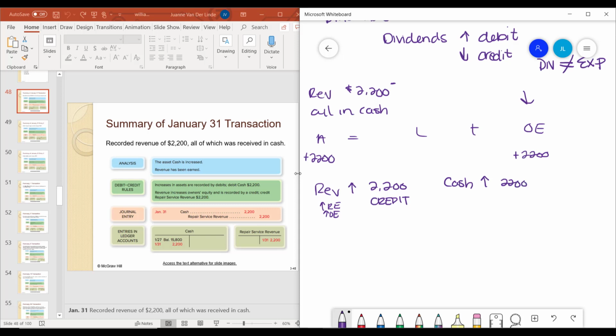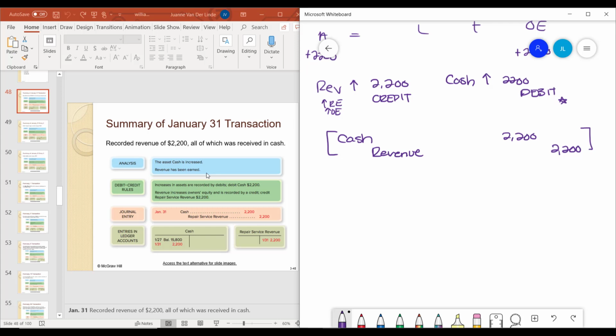Cash increases assets, right? Assets go up with a debit. Which one's the debit? Cash is. So we list that one first when we journalize it. So we write cash, move a little bit over. So we show that we're debiting cash for $2,200, skip a line, indent a little bit, and then we're going to credit revenue for $2,200.